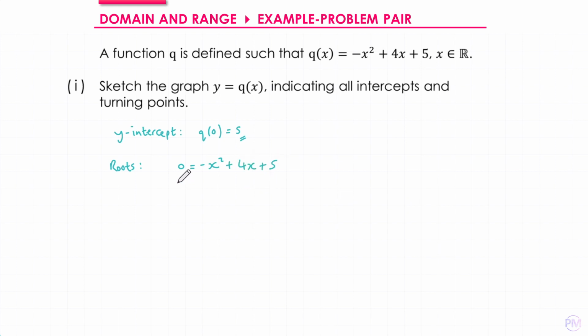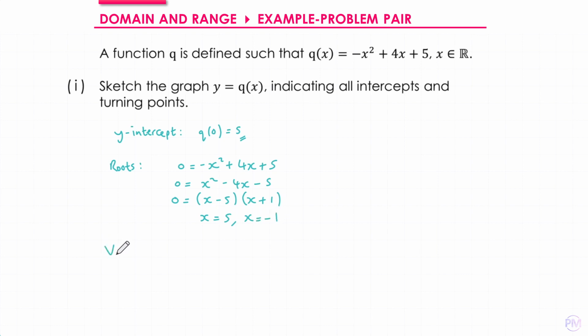You're going to multiply both sides by minus 1 to make it easier to factorise. And then we'll factorise it to get x minus 5 and x plus 1, which means our roots are 5 and minus 1.